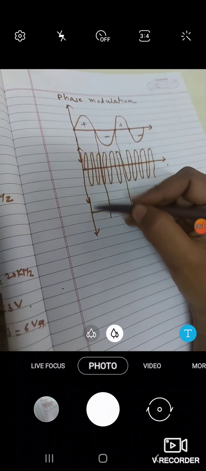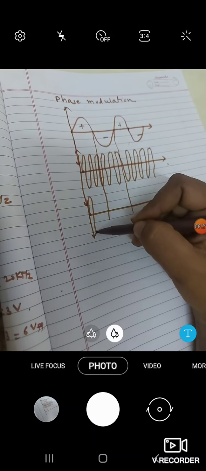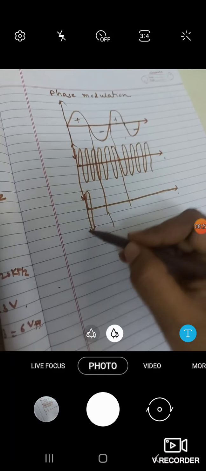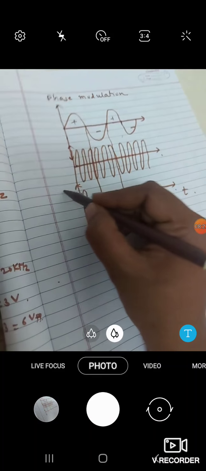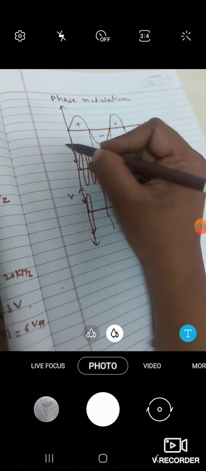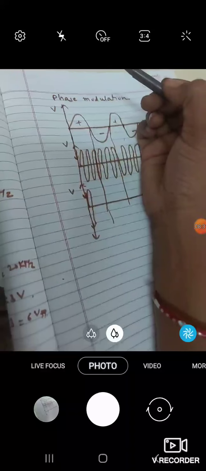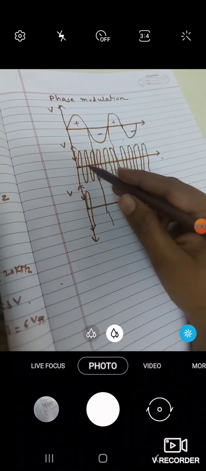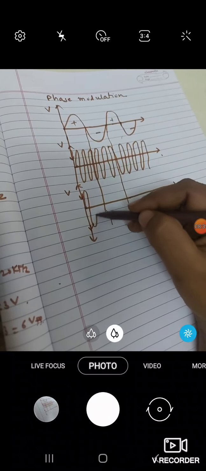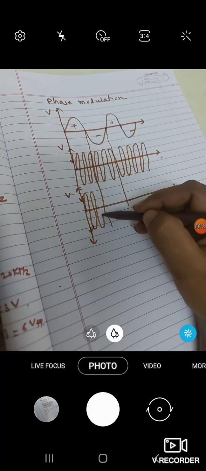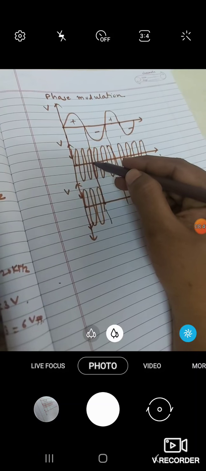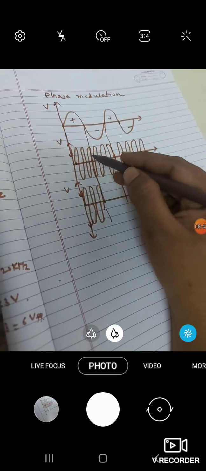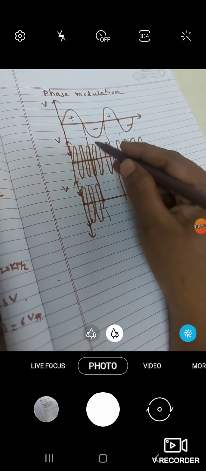So for example, if you consider the diagram for phase modulation, how do we have to draw? Again here it will be time, here it will be voltage, here also voltage, here also voltage. So for the positive half cycle it will travel in the same path. Now at this point, when there is no phase modulation, it is traveling as it is.